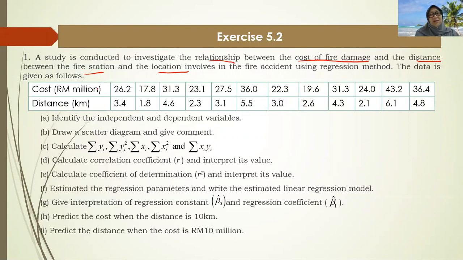The longer the distance, the more the cost will be, because the fire engine will take more time to reach the affected area that is on fire. So in other words, distance will be the independent variable, this is X, and the dependent variable will be the cost, Y.